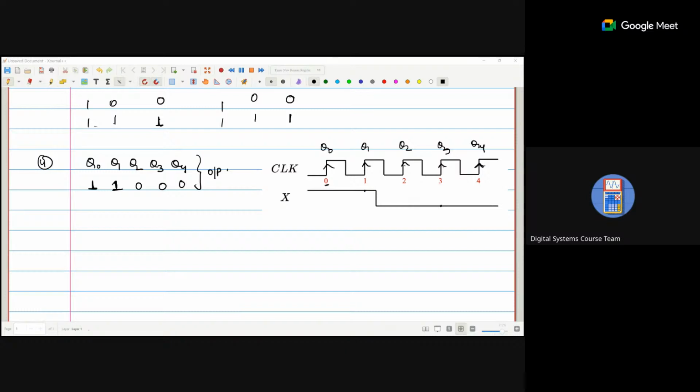Diagram. Okay, X is this one. This is the X. This X is not an actual input for the D circuit.